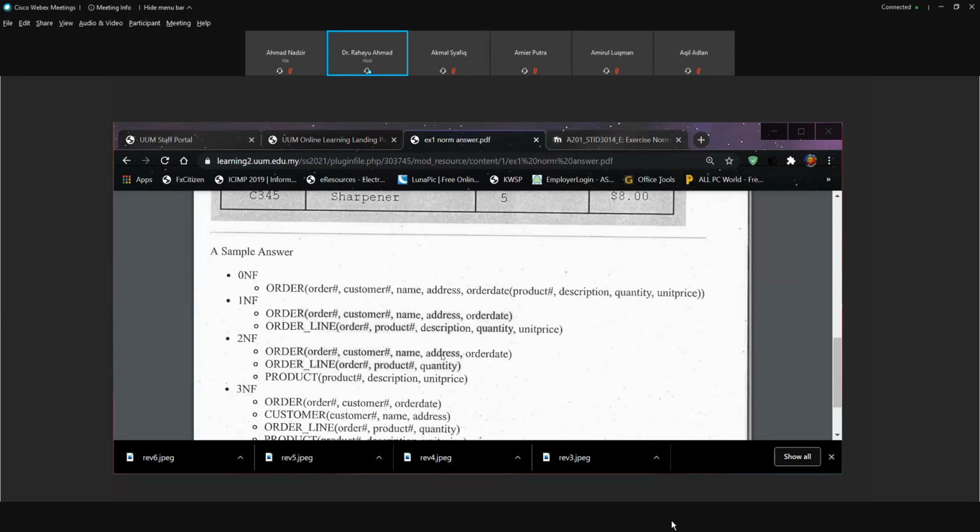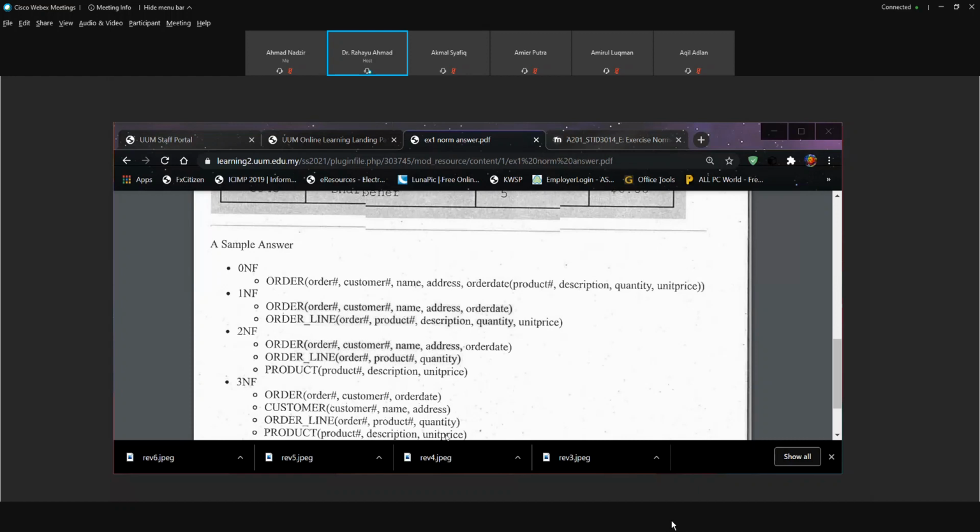Yang lain ni dua, name, address, customer number ni belongs to a new table. Okay, so you get customer number, name, address. Order line kita check dia ada dua key, order number and product number, just quantity, so tak perlu buat apa-apa. You just copy.